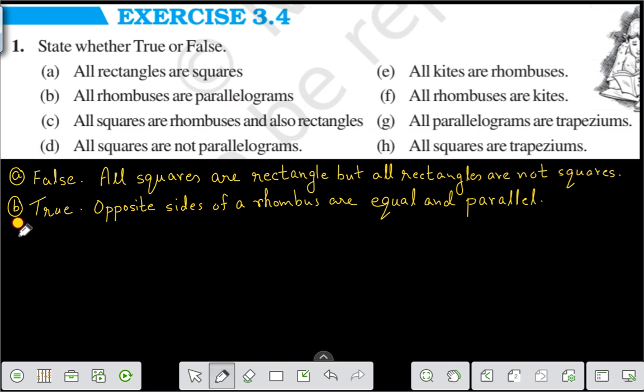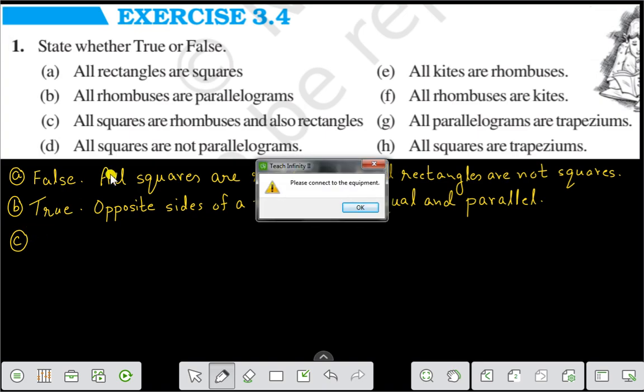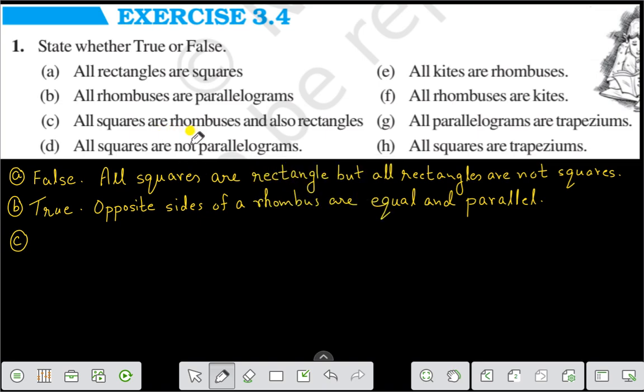Now see, all squares are rhombuses and also rectangles. That is also true.